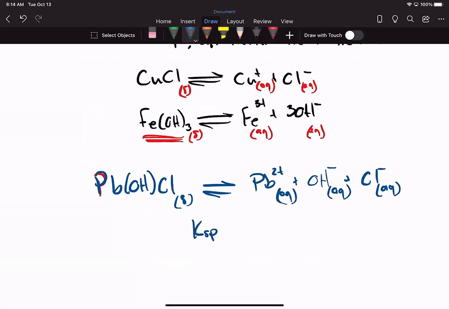I don't worry about the solid because that's simply going to be 1. So we're going to have the concentration of lead times the concentration of hydroxide times the concentration of chloride. I would have 3 concentrations here.